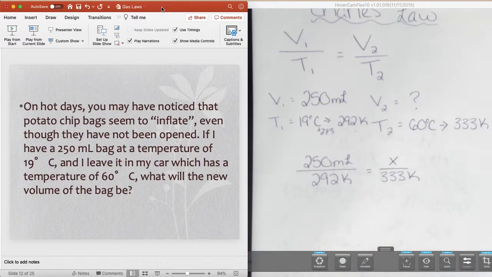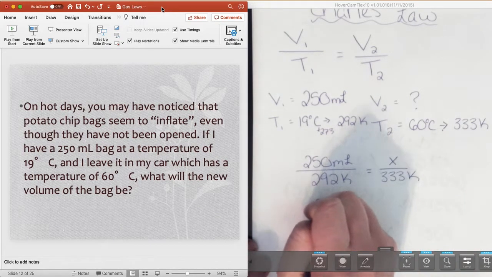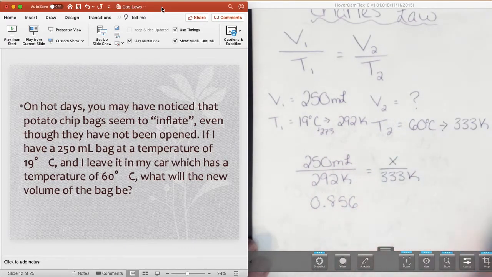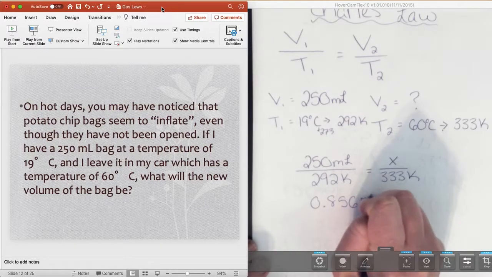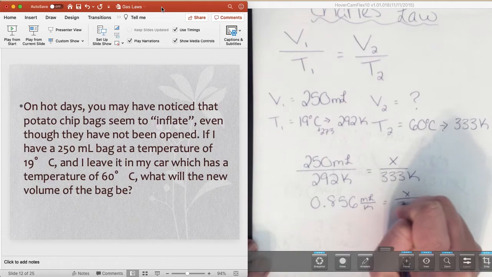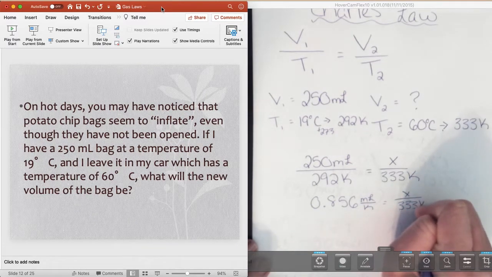So 250 divided by 292. And that will give me 0.856 milliliters over Kelvin for my units. It's equal to X over 333 K.